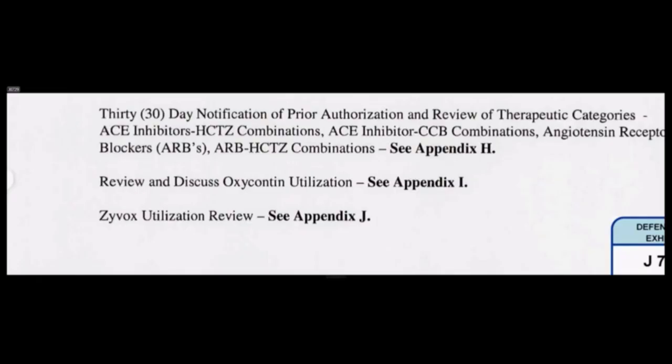And if you look down toward the bottom of the page, you'll see an indication that one of the materials in Appendix I was for review and discuss OxyContin utilization, correct? Yes. And that appendix, which I want to focus on, starts on page 71. You there?